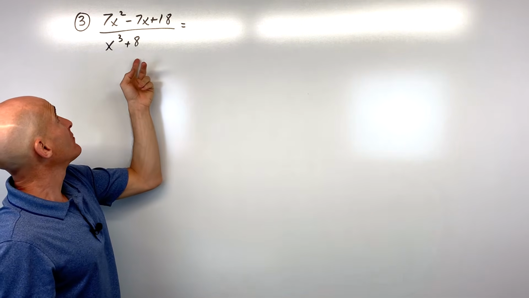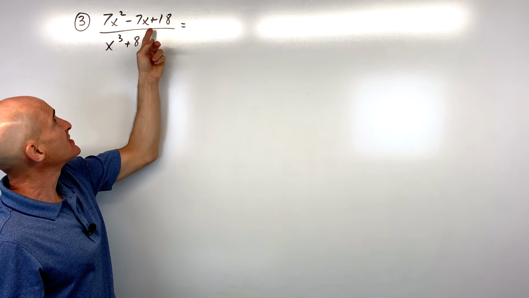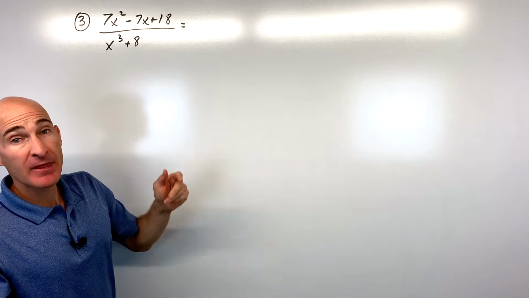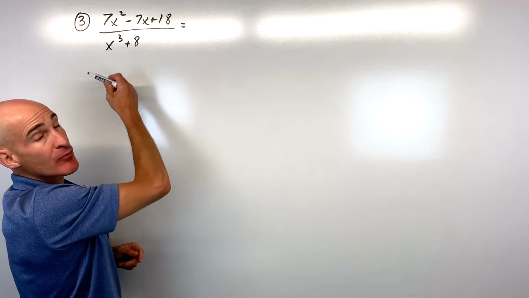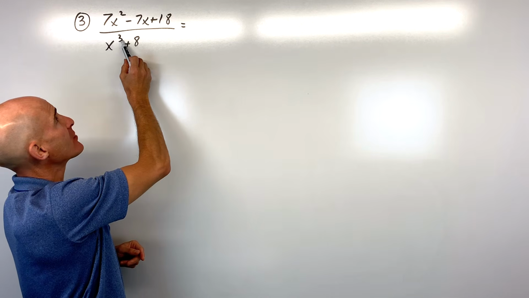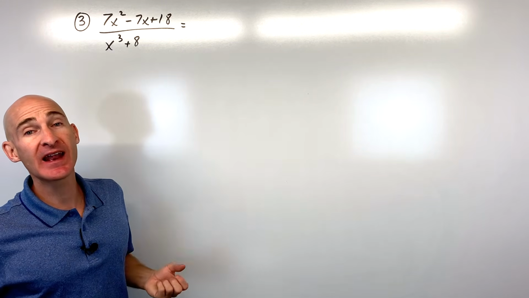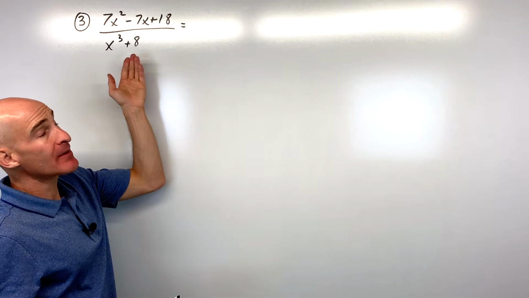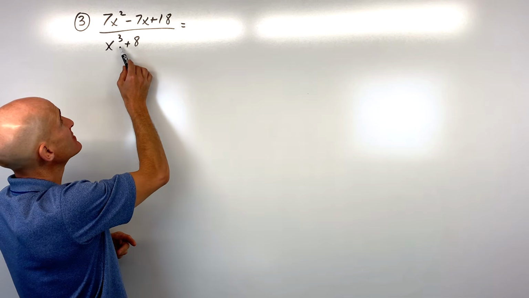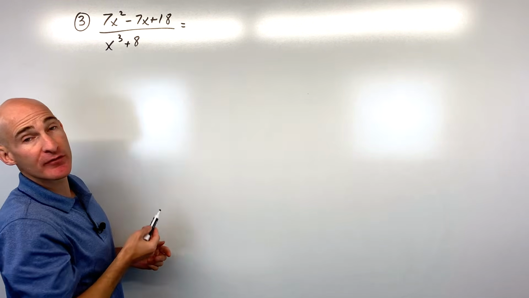Okay, number 3, we've got 7x squared minus 7x plus 18 all over x cubed plus 8. Well, the first thing you want to do, like normal, is look and see, is this an improper fraction? Well, we can see that the degree in the denominator is higher than the degree in the numerator, so this is not an improper fraction. The next step is to factor the denominator as much as you can. One thing you'll notice here is that this is a sum of 2 perfect cubes.